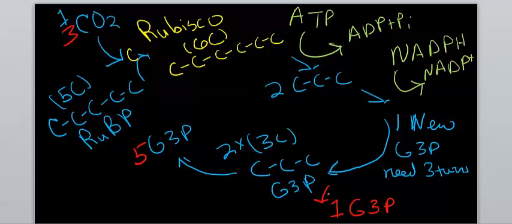So 1 new G3P, and it's from the G3P that they'll make the other sugars, and 5 of them return to this, and they'll have enzymes that will take these G3Ps and reconvert them into ribulose bisphosphate.